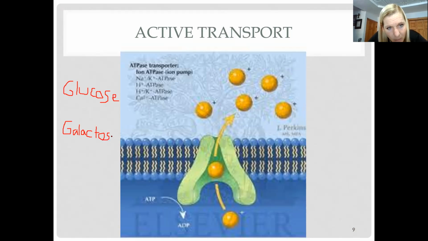It's hard work trying to write without a touch screen. So those are your two monosaccharides that are going to move through this process, okay?